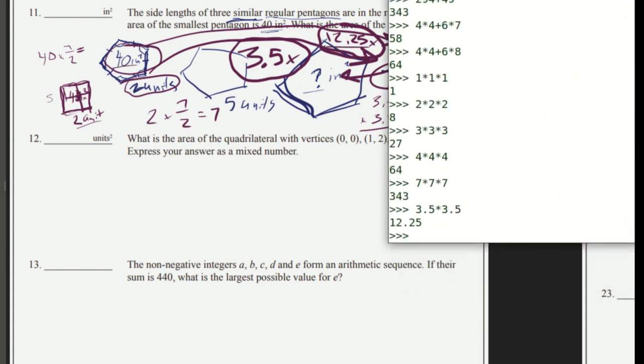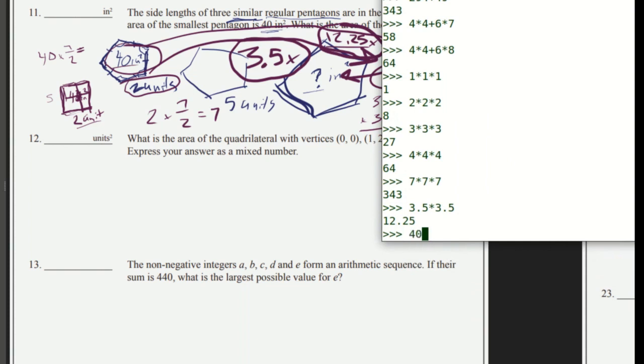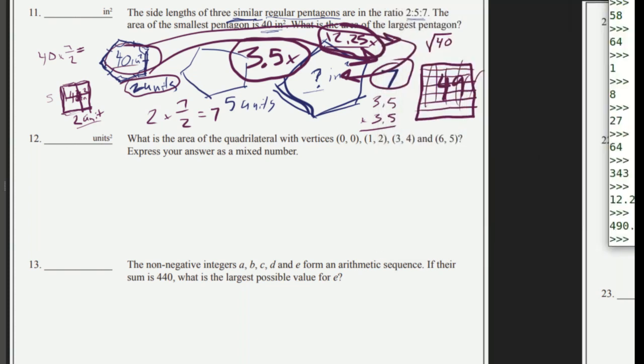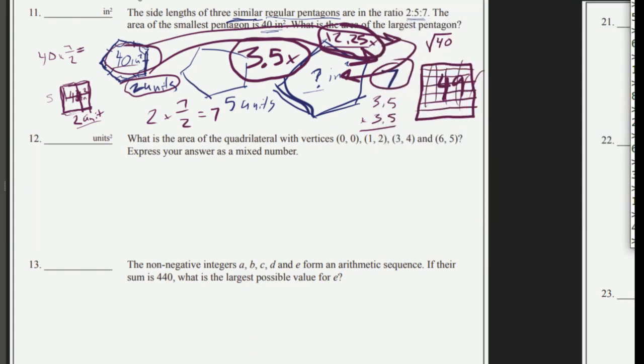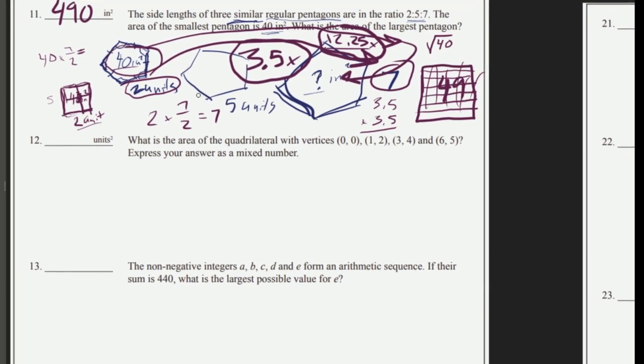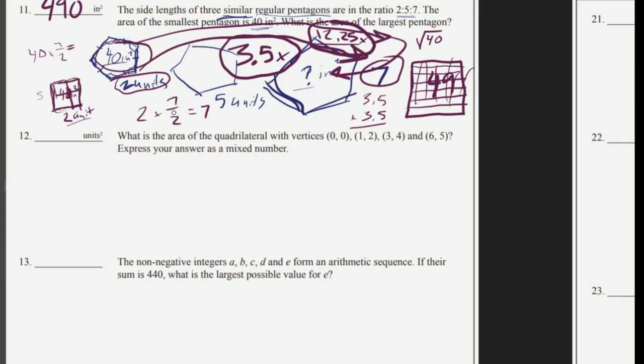Let's see. 490. We don't need the point zero. 490. Alright, cool. Which is 70 squared?